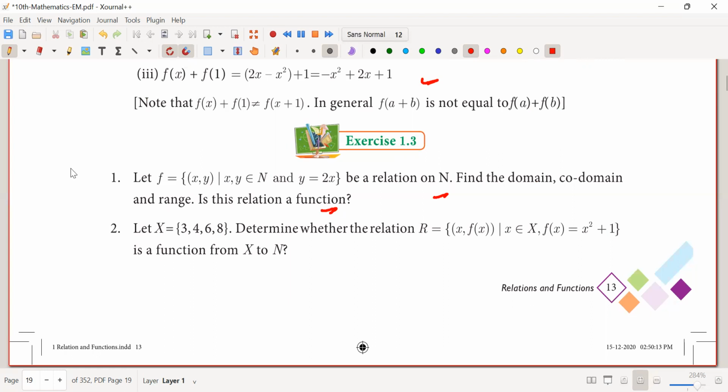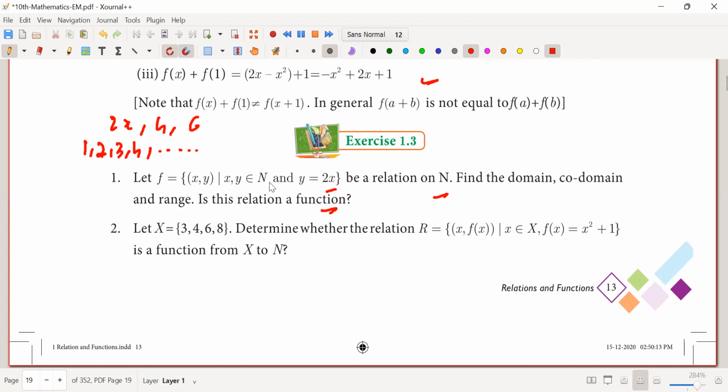If I put the value of x as natural numbers 1, 2, 3, 4 and so on, then y equal to 2x. 2x also is a natural number. 2 into 1, 2, 4, 6. That is also a natural number. So definitely, it is a function.